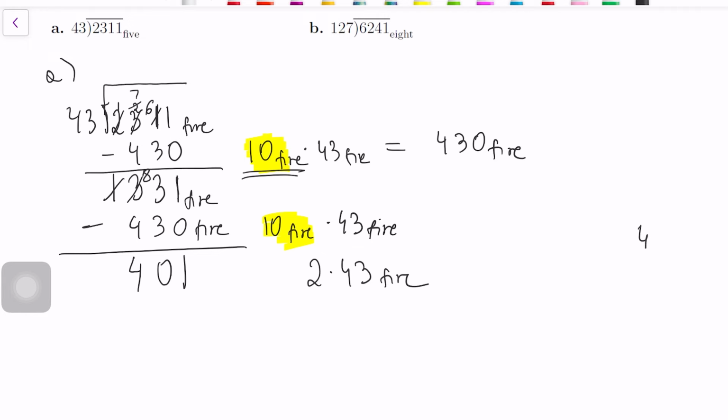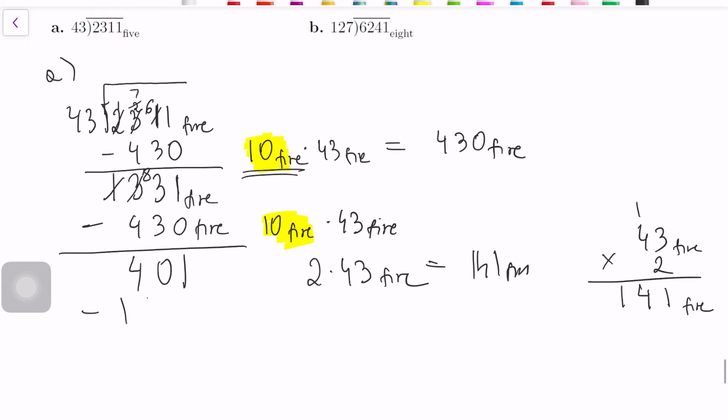What's 2 times 43 in base 5? 2 times 3 is 6, but 6 is 1 unit, 1, 5. 2 times 4 is 8, plus 1 is 9, and 9 is 1, 5, and 4 units. So that's 141.